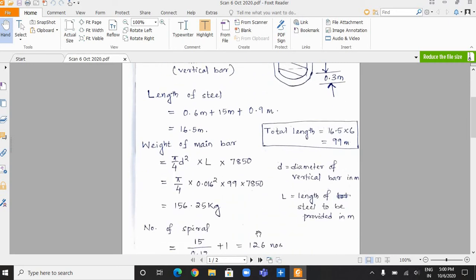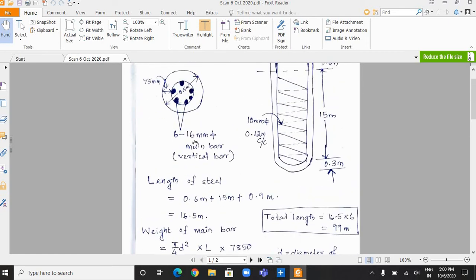Then next we shall calculate the weight of the main bar. We can find the weight of the main bar with the formula pi by 4 d square multiplied with the length multiplied with the unit weight of steel. So pi by 4 d square, where the diameter of the main bar is 16 millimeter.